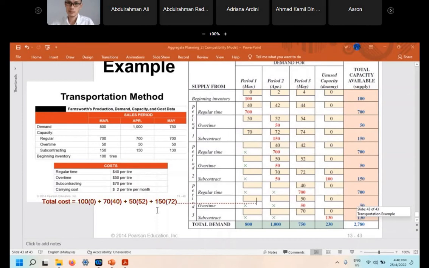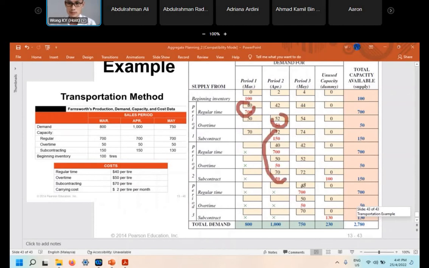Right? So at places that have 0, basically the cost is 0 already, even though you use the inventory or you have unused capacity. Because anything multiplied with 0, you get 0 cost. So you only need to add up this place, the cost for, okay, you only need to calculate the cost for here, here, here, and here.